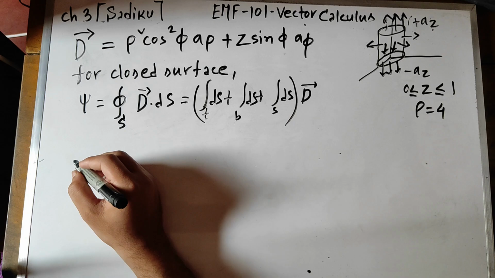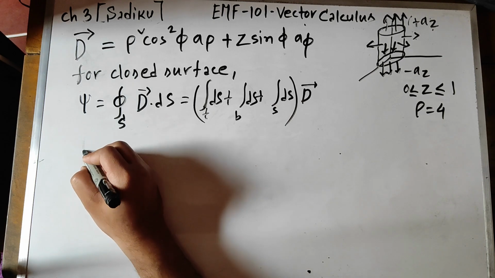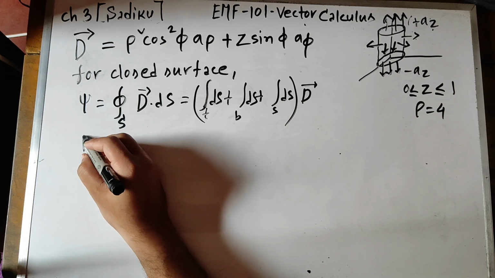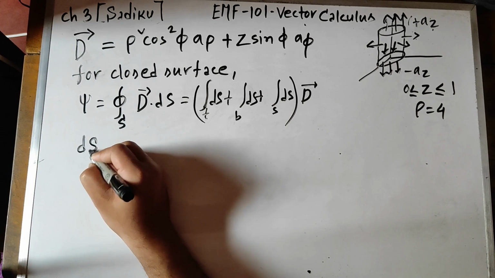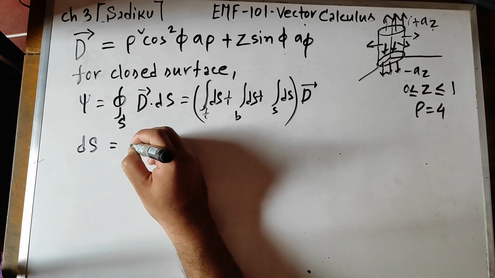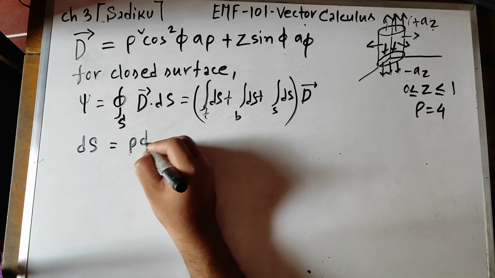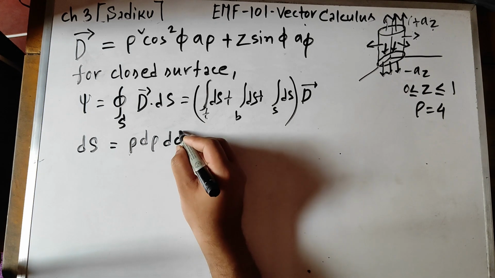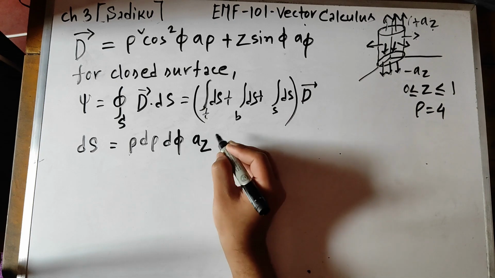So let us first find the total flux from the upper surface of the cylinder. In the upper surface, the differential surface is rho d rho d phi in the direction az.